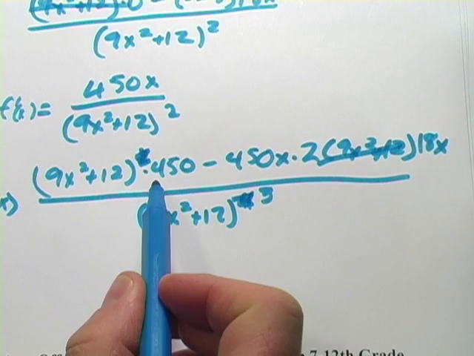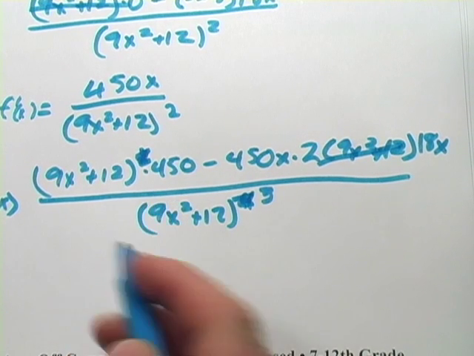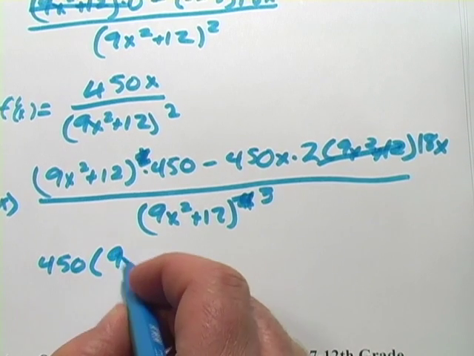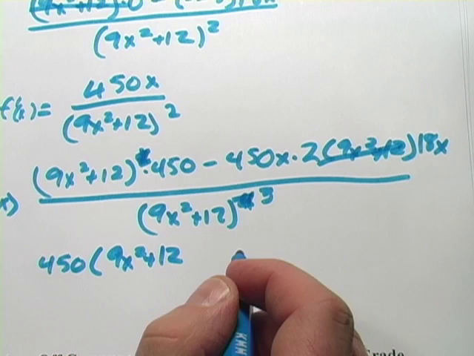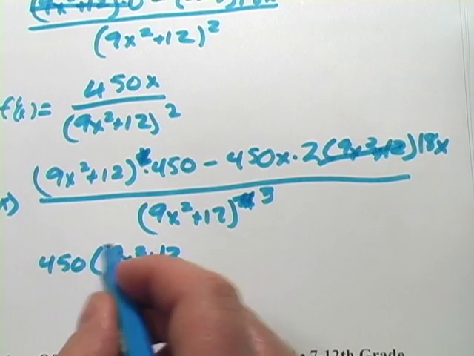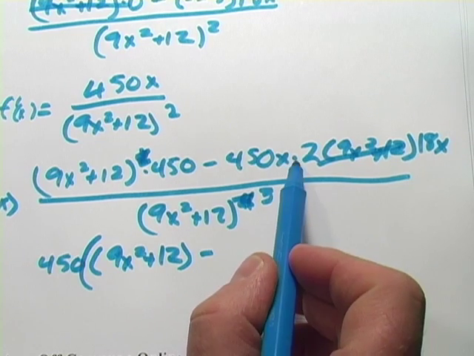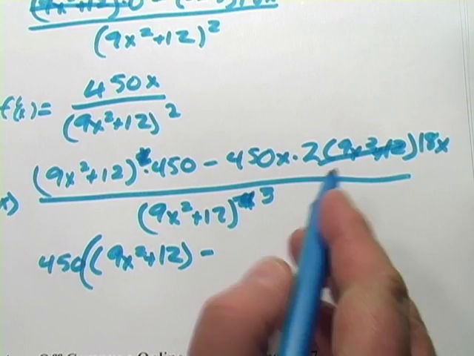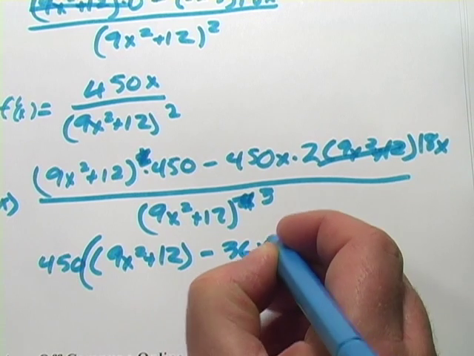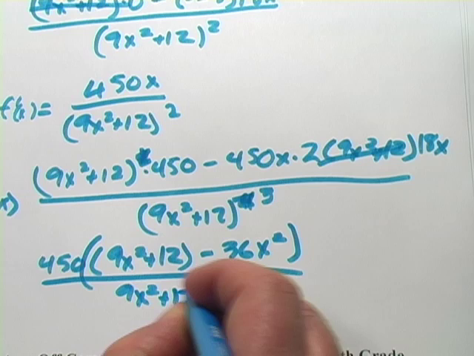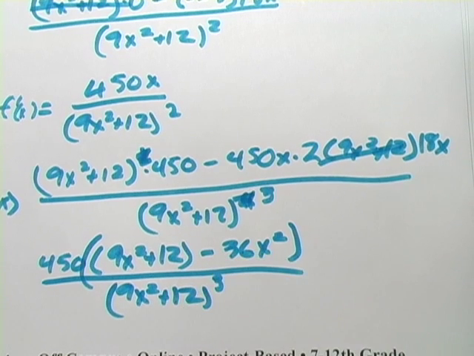Well, I can certainly pull out a 450 from everything. So 450 times 9x squared plus 12 minus, now I've got 2 times 18 times x, 36x squared. And that's all over 9x squared plus 12 quantity cubed.